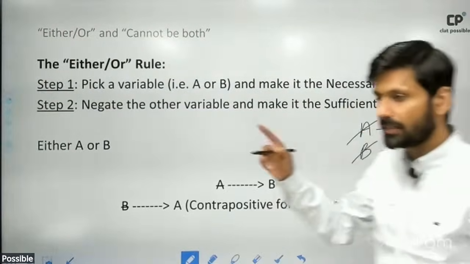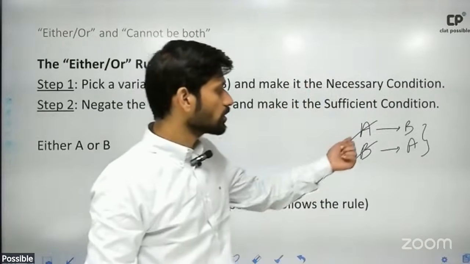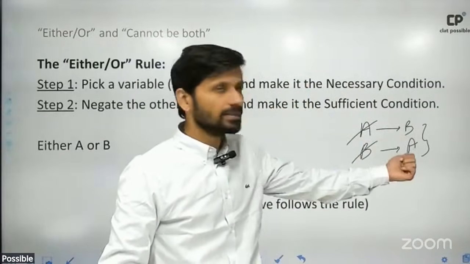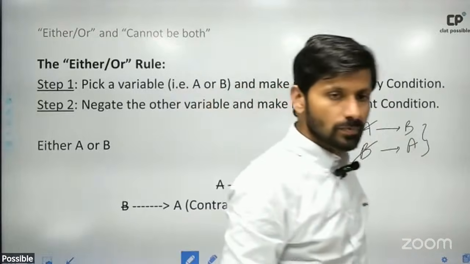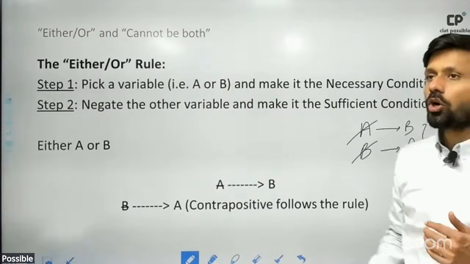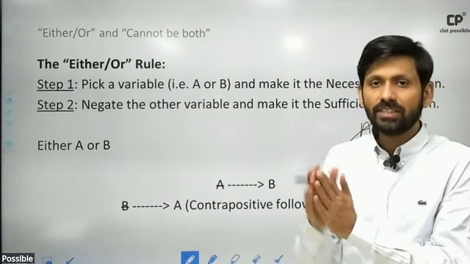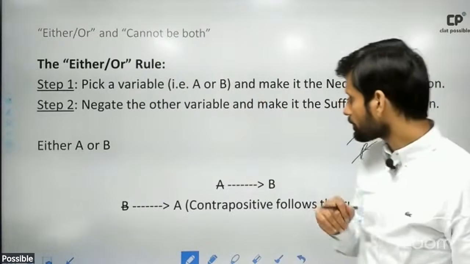A then B, not B, not A, is the contrapositive. Similarly, not A then B, not B then A. So this is how we treat either or: the sufficient side, the left side, we negate.